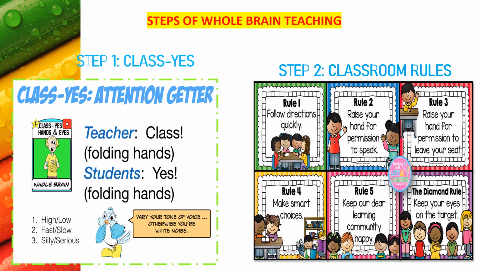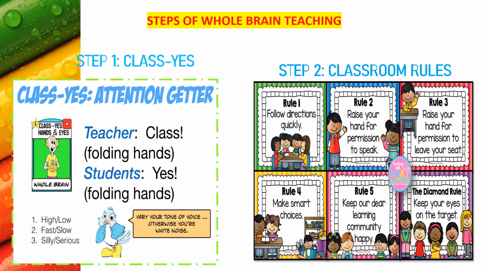They raise their hand for permission to speak. If a student wants to speak, they have to raise their hand. They cannot speak out of turn. Also, they have to raise their hand if they want to leave their seat. So they are not allowed to disturb the class without prior intimation.